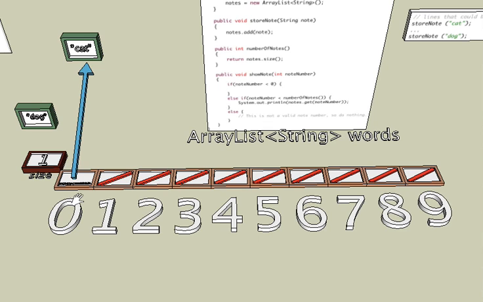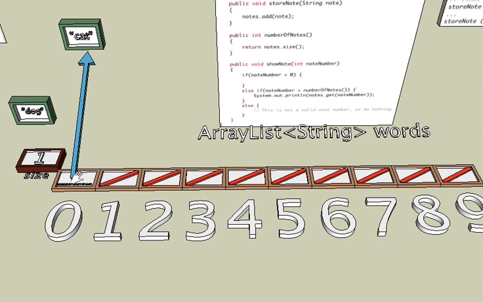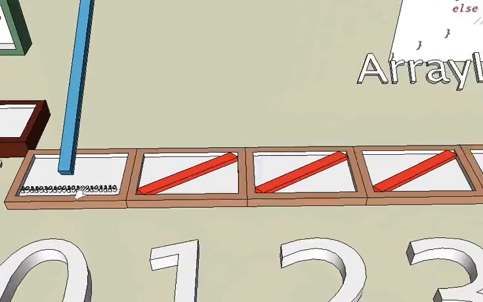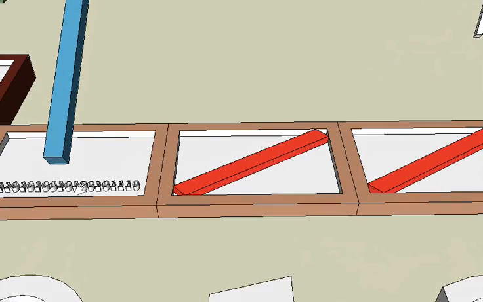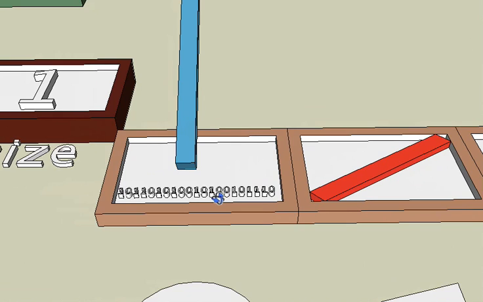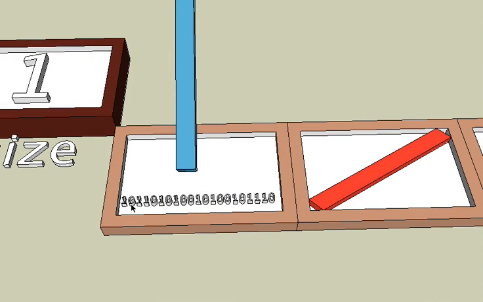Each element of the array list actually contains an address, which I've represented here as a bunch of 1s and 0s. So this would be an address of some location in the computer's memory.